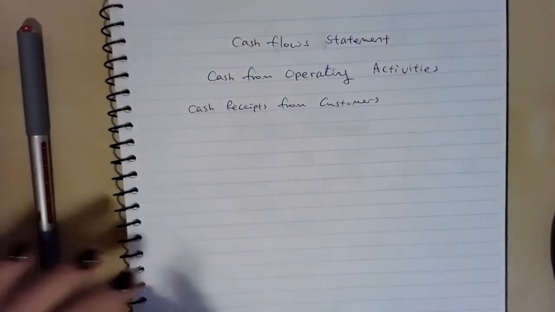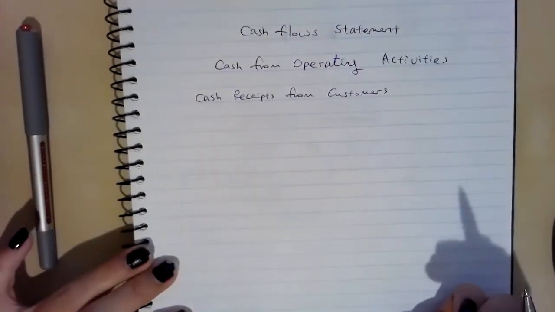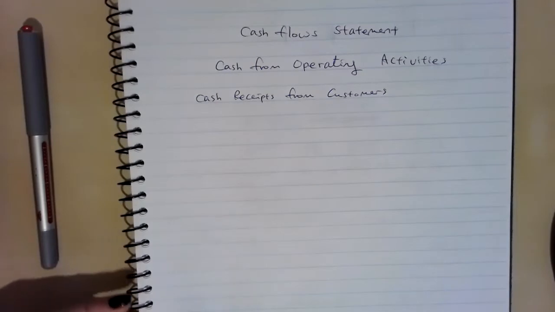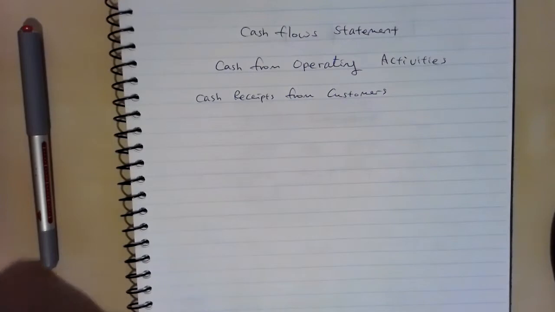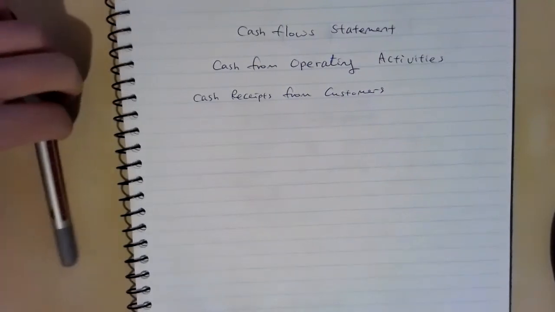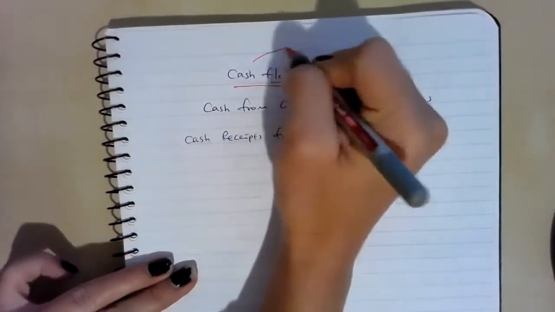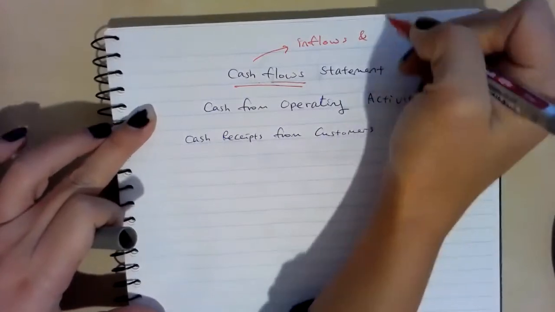Now, what I was trying to do last night, which wasn't captured very well, was to explain the logic behind the cash flow statement. Obviously, it's cash flows, so now we're strictly looking at cash inflows and outflows.